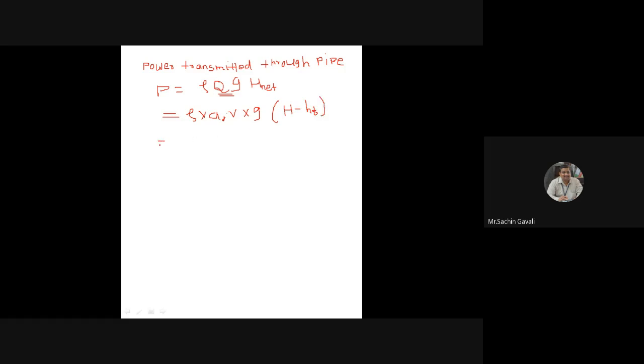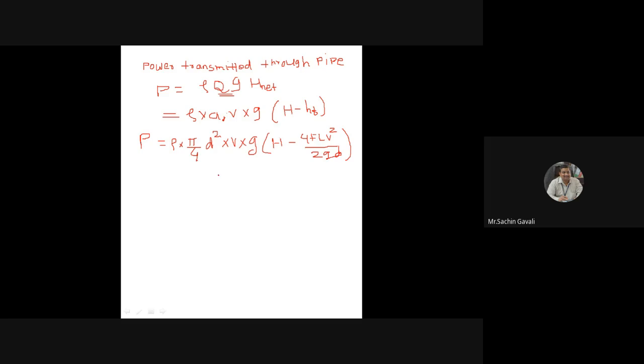Now we write power P equal to rho into pi by 4 d square into velocity into G into bracket H minus 4FLV square divided by 2GD.